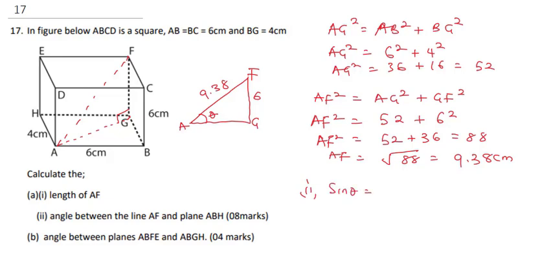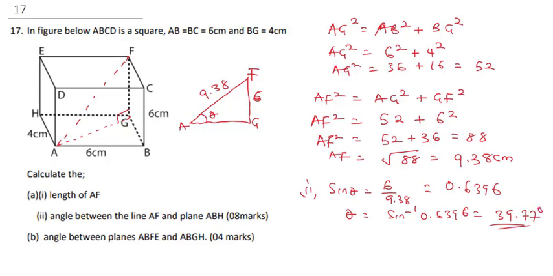Recall sine theta is opposite over hypotenuse. So sine theta is 6 over 9.38, which is 0.6396 when you do 6 divided by 9.38. Now theta is going to be the sine inverse of 0.6396, and that's going to give you 39.77 degrees. Final answer.